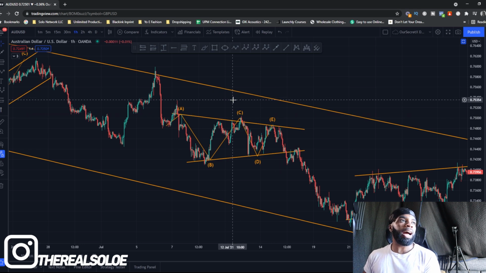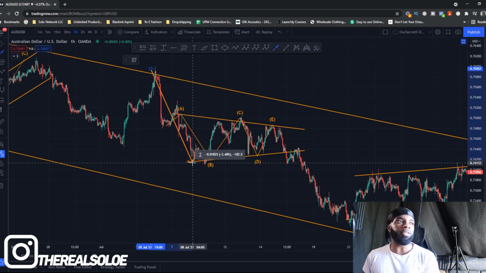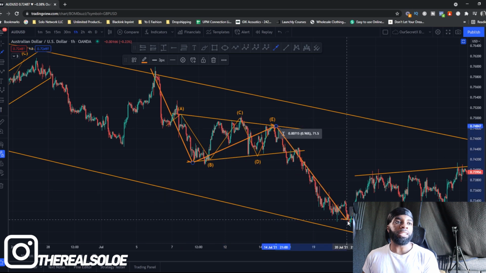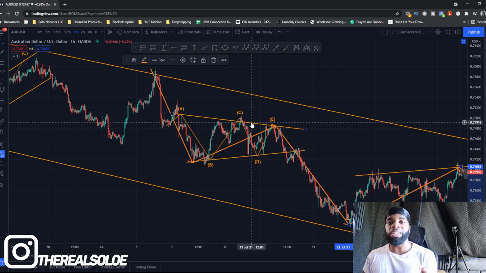If you're looking to figure out the next impulsive wave, remember, market will always create what we call an impulsive leg. After that, we'll get a corrective pattern, and then we'll get the next impulsive, and then the next corrective, and then the next impulsive. But this move right here can all be measured from previous data. How do we do that?